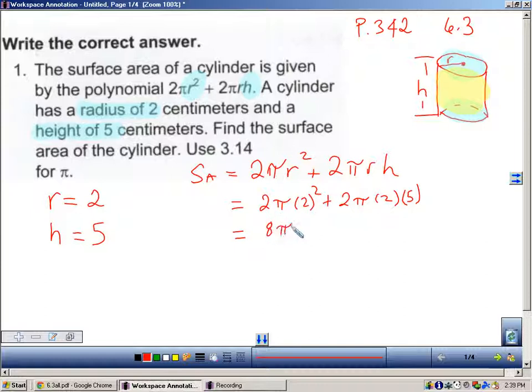Okay, 8 pi, one step at a time. 2 times 5 is 10, times 2 is 20. And then combine your like pi terms, which is 28 pi.